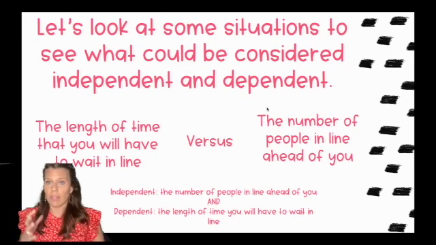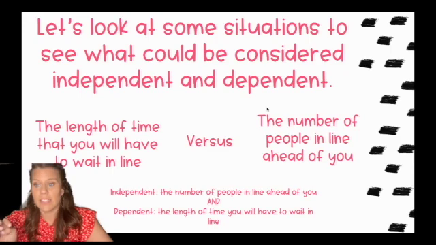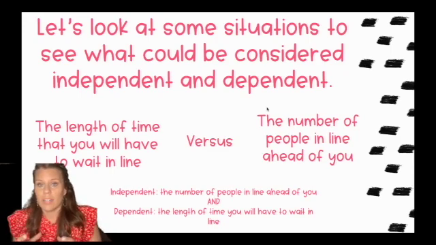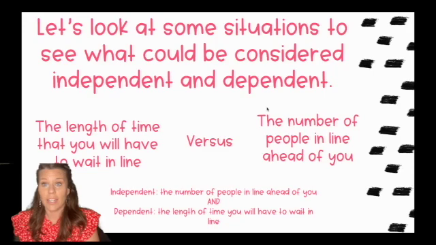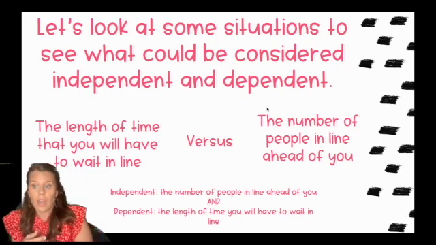Okay, so that's the way I like to think about independent and dependent, is which one is the one that the situation can't happen without. If there's no people in line ahead of you, then the time's not going to matter because there's not going to be anybody there.